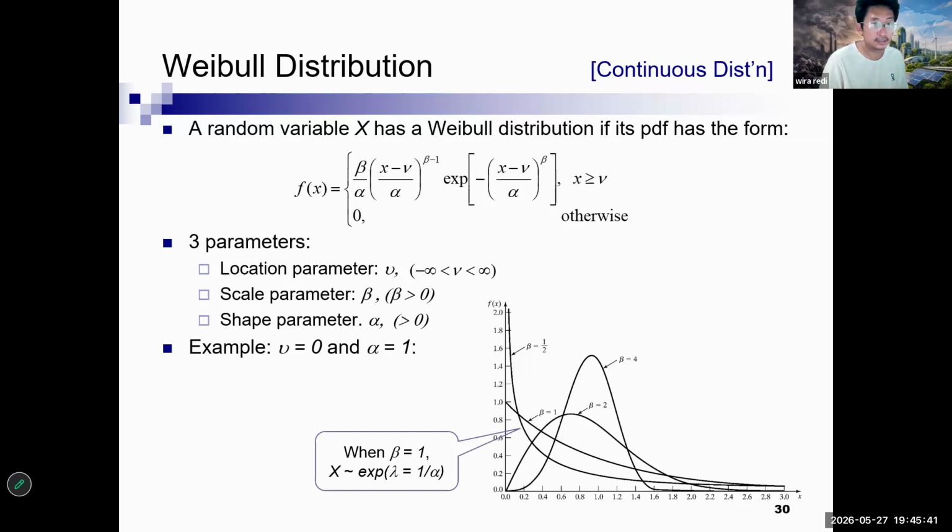So the model has three parameters, so-called the location parameter, which is this one, the scale parameter, which is this one, and the shape parameter, which is this one. Okay, and these are often used to model failure rates, failure rates in reliability.